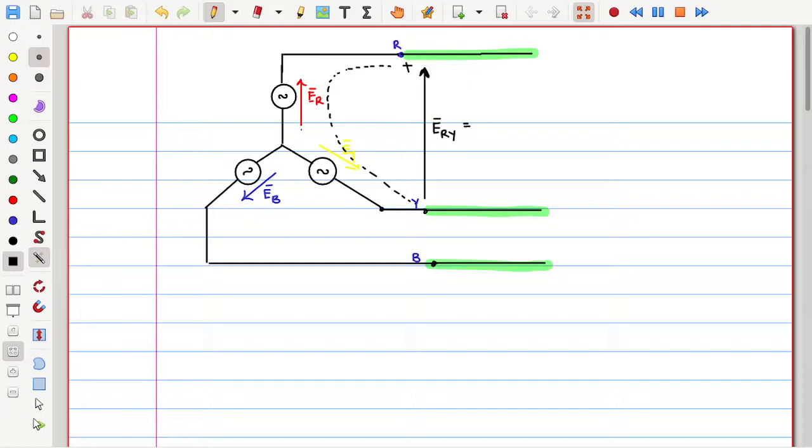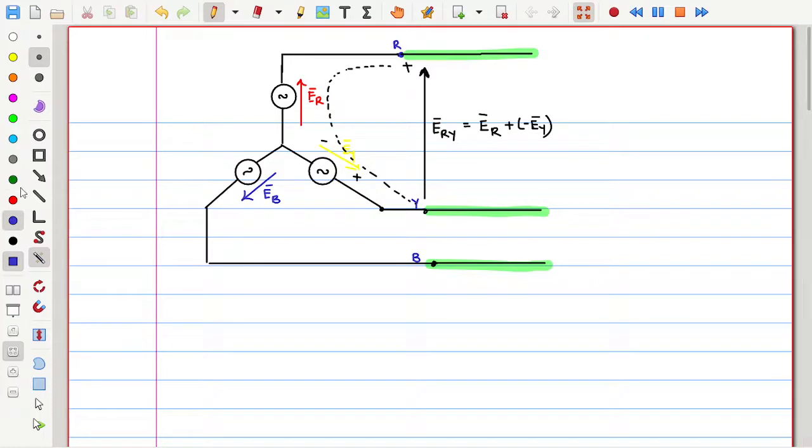In the process, whatever we come across the voltages, you add up all those things, which are ER plus of minus EY. So this is minus EY as because we are coming across first non-arrowhead, then arrowhead. So like that you can find all other phase and line voltage relationship between these phase and line quantities.